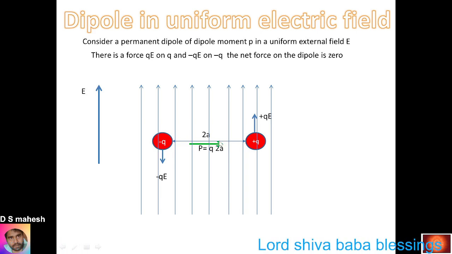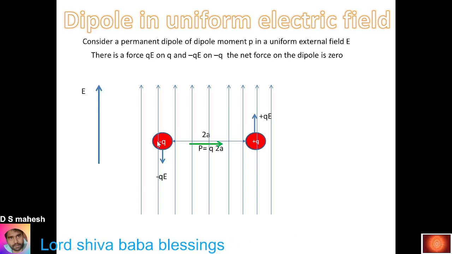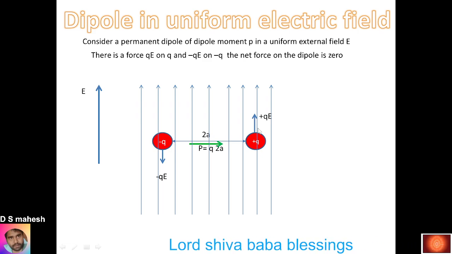Although the forces applied on the negative and positive charges are equal, the directions are opposite, so they cancel out each other and the net force is equal to 0.